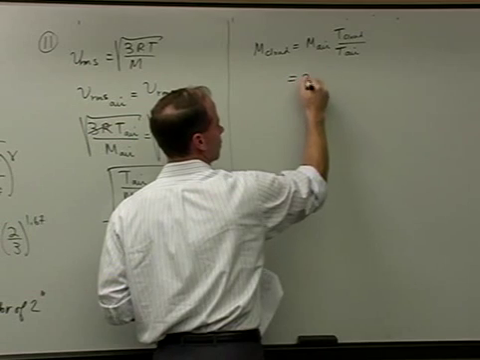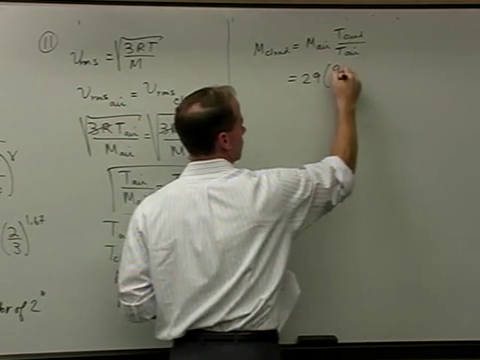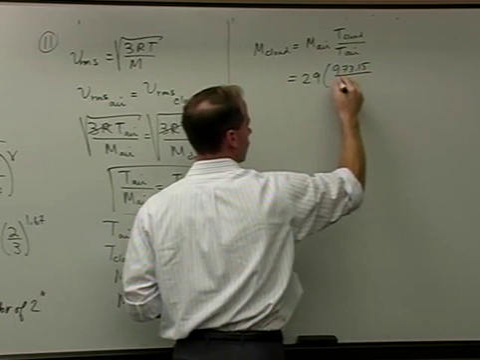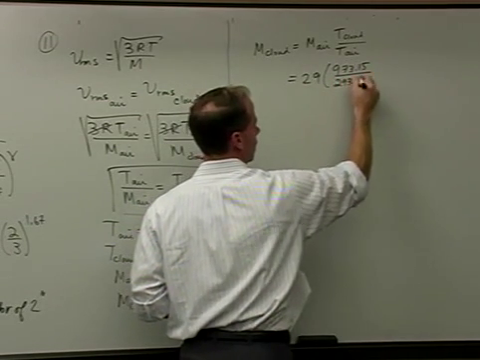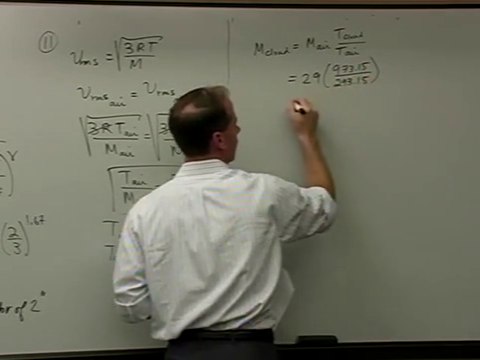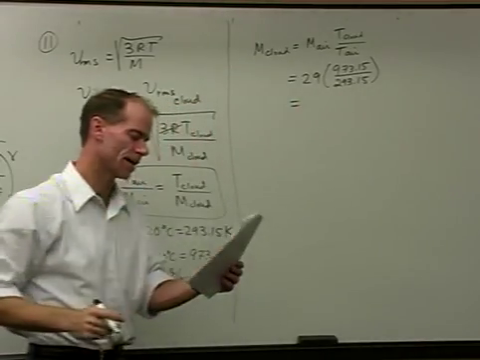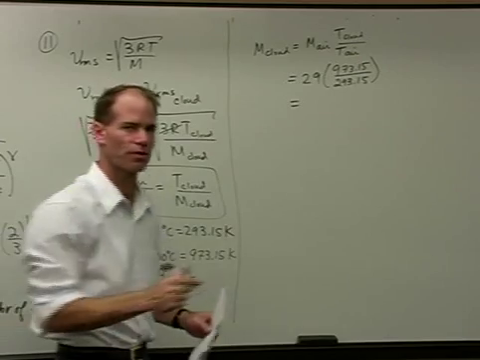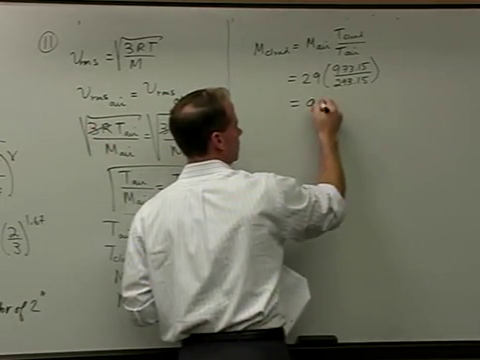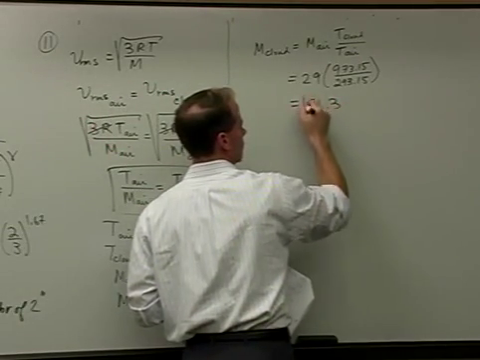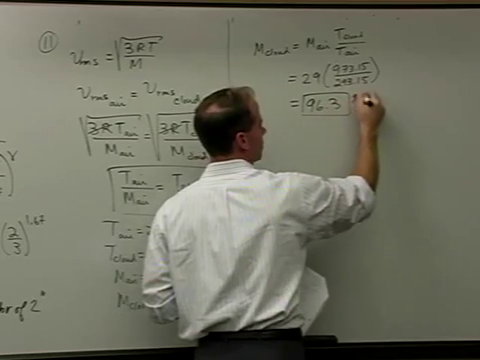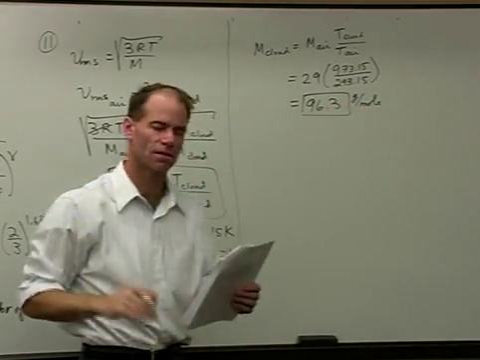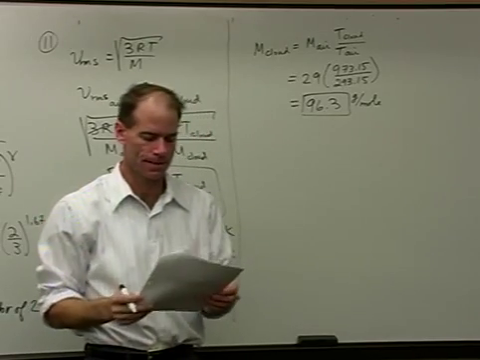This is going to be 29 times 973.15 over 293.15. And that gives us an answer of 96.3. I guess it would be grams per mole for the molecular weight of this cloud of gas.